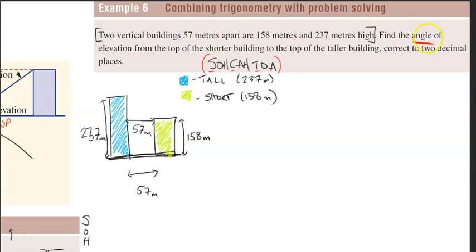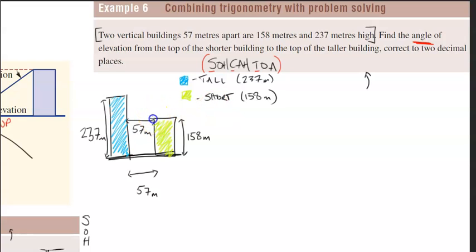What we need to find now is the angle of elevation, so the angle that goes up from down to top. So we're looking for an angle that looks like this, and it goes this way. We're finding the angle of elevation from the top of the shorter building. So the top of the shorter building is here.